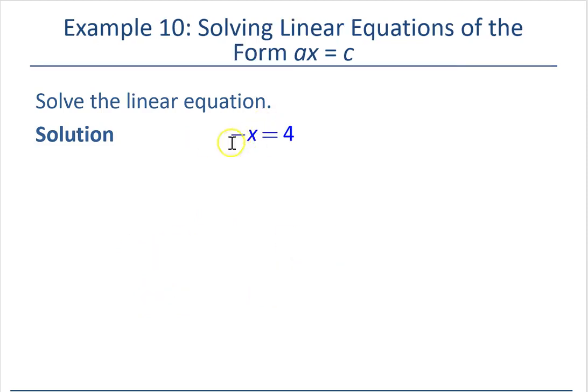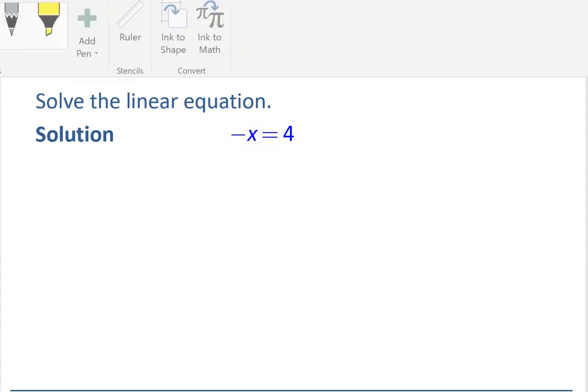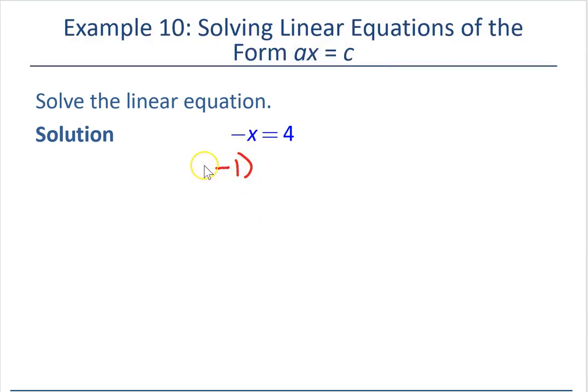Let's do another one. You'll see these a lot. This is not solved. Remember, this is still negative 1 times x equals 4. That doesn't make sense yet, because I have a negative on this side and I don't have a negative over here. Since I'm dealing with multiplication, I divide off the negative 1.